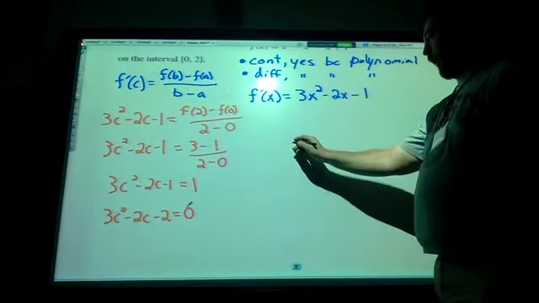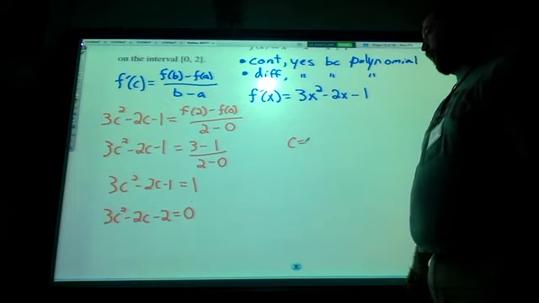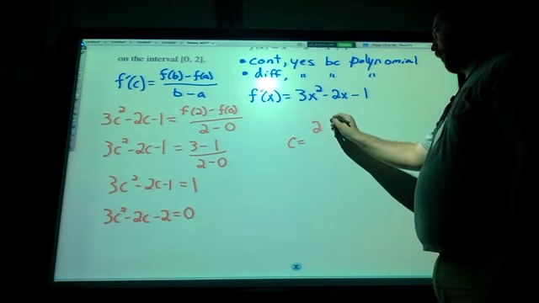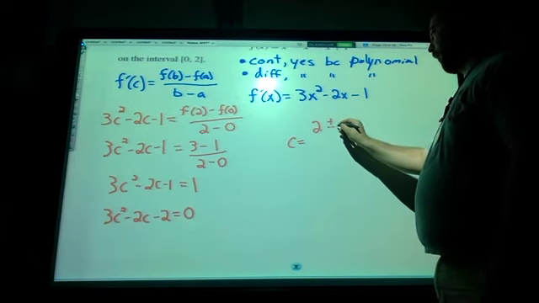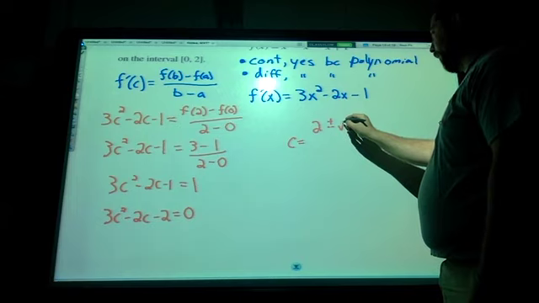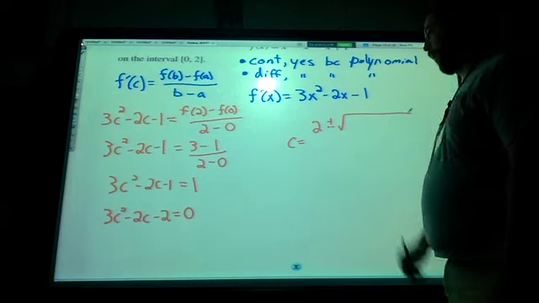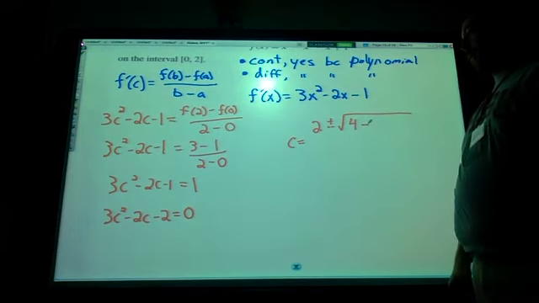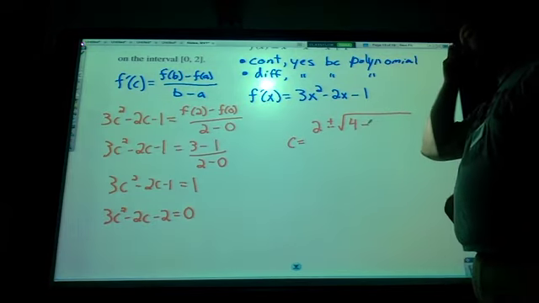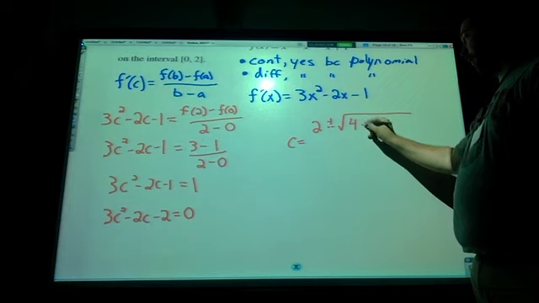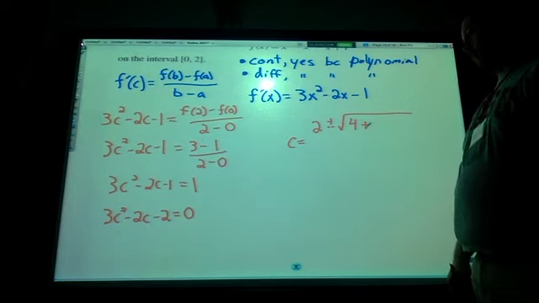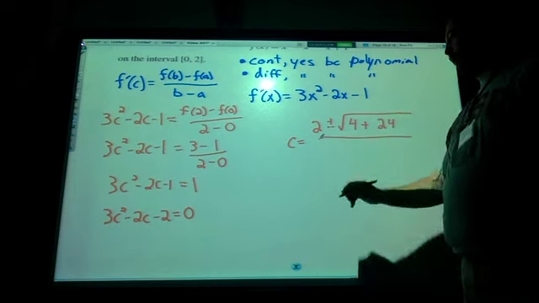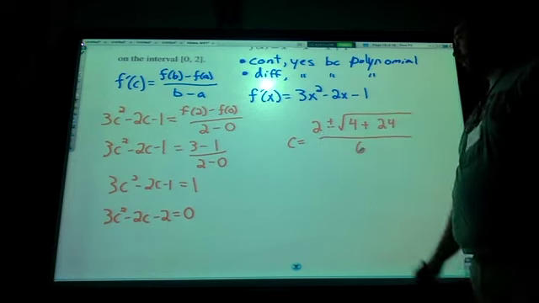All right, which will say that c is equal to negative negative 2, so plus 2, plus or minus the square root of negative 2 squared, so 4, minus 4 times 3 times negative 2, so it turns into a plus 24, all over 2 times 3, which is 6.